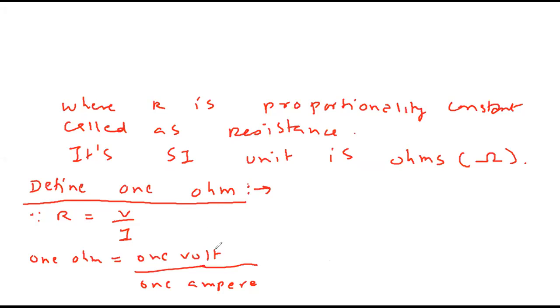Just copy these two lines. Below this you will write, after 1 ohm is 1 volt upon 1 ampere.